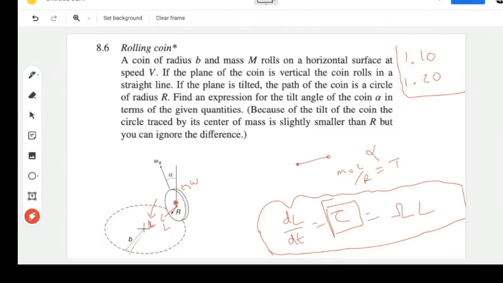I did it according to the diagram, I guess. Yeah, so I'll just change it. So this is R, and this is B. It doesn't matter.